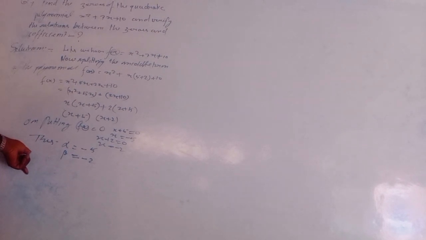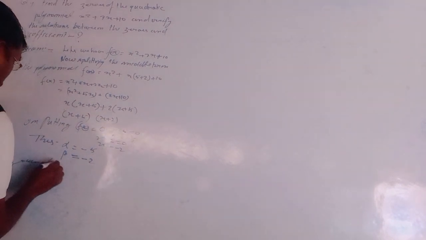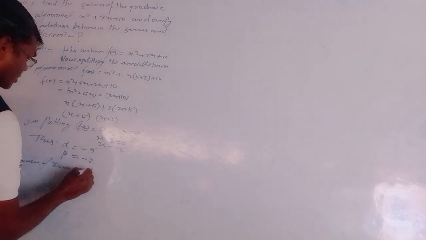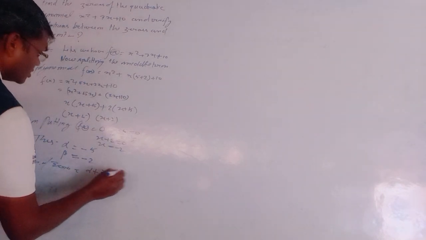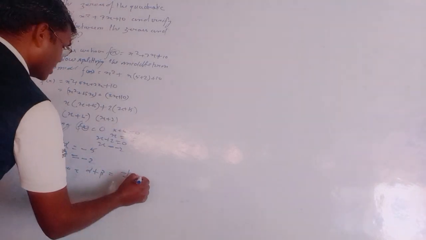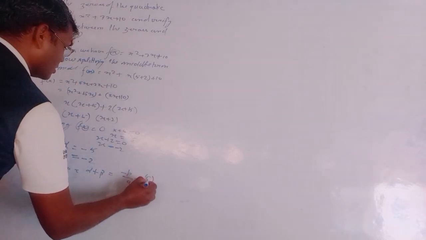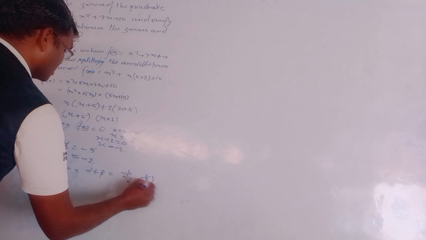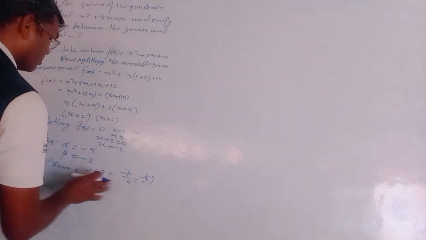So verification: we know that the sum of zeros, alpha plus beta, is equal to minus b by a.